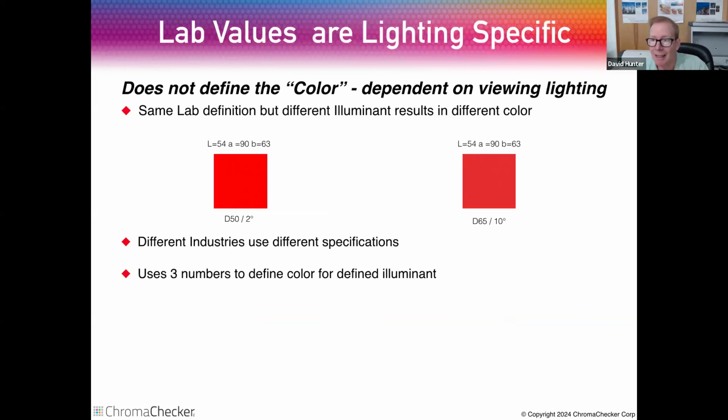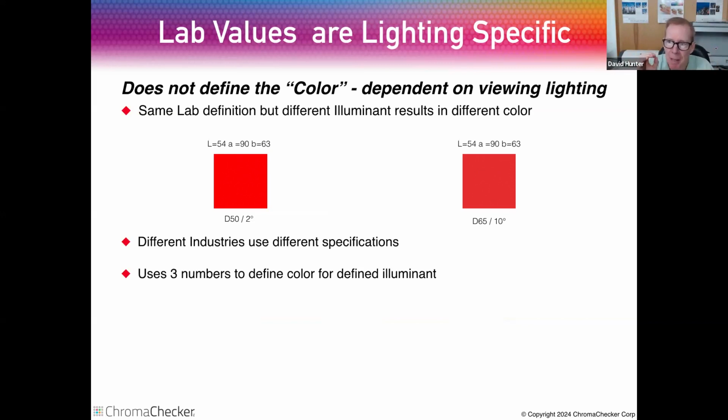So this is where LAB comes in, LAB color space. You've probably heard of this. It's the universal color translator. Lab represents the gamut of the human eye, so every color that we can see has a LAB definition. And the key with LAB is it's illuminant dependent.